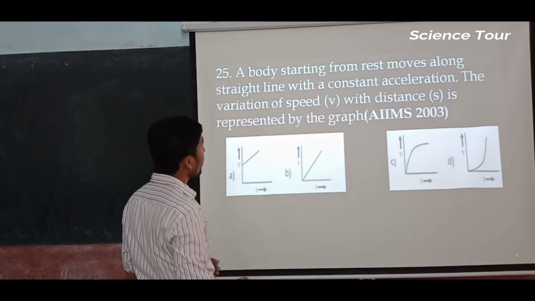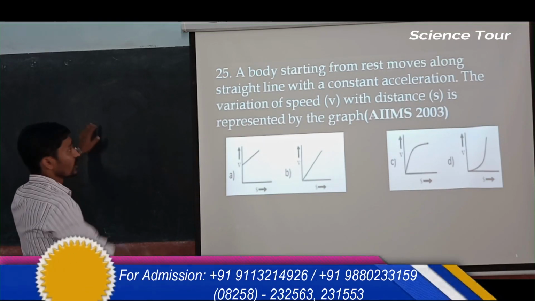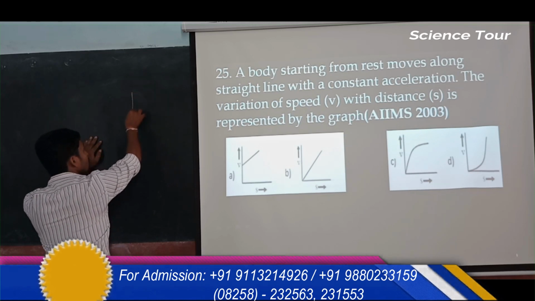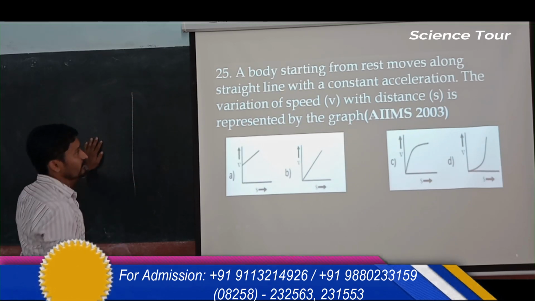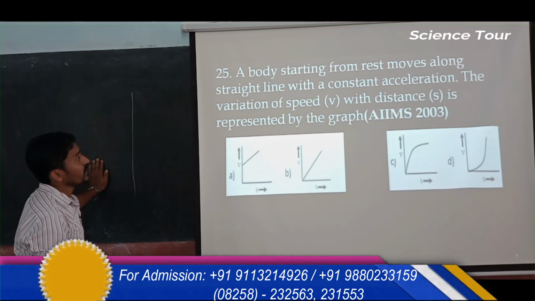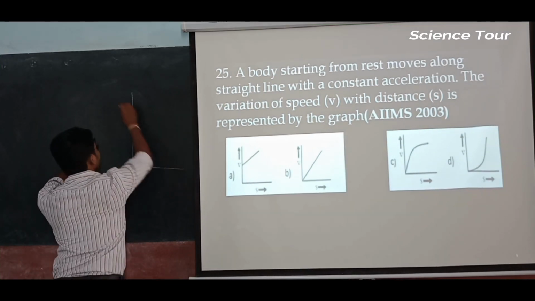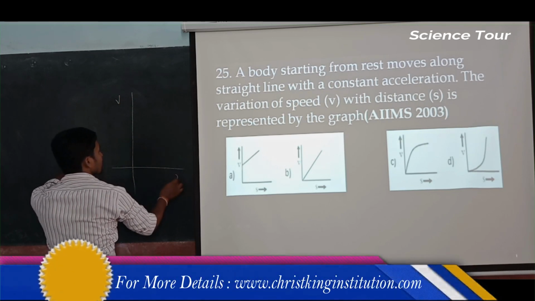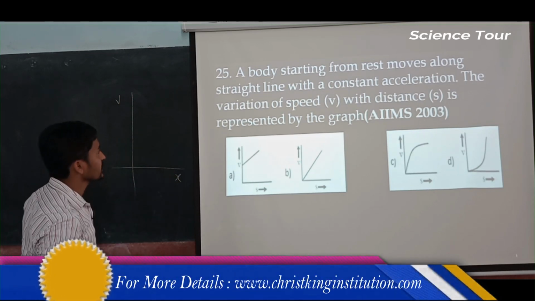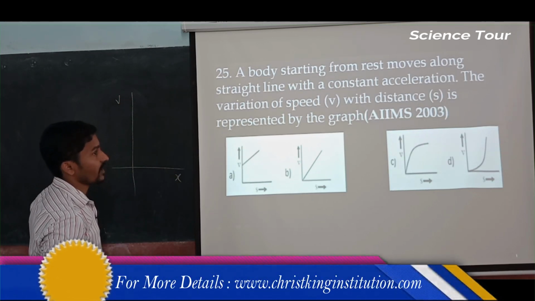Now a body is starting from rest, moves along a straight line with a constant acceleration, like a freely falling body. The variation of speed, velocity, with the distance is represented by the graph.